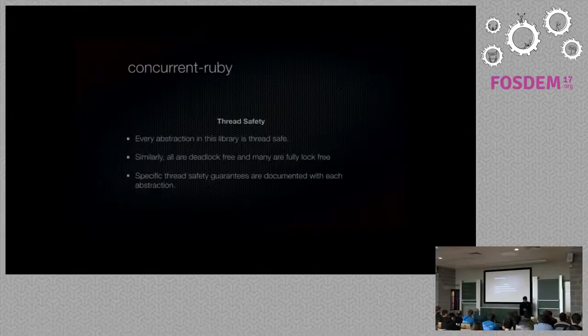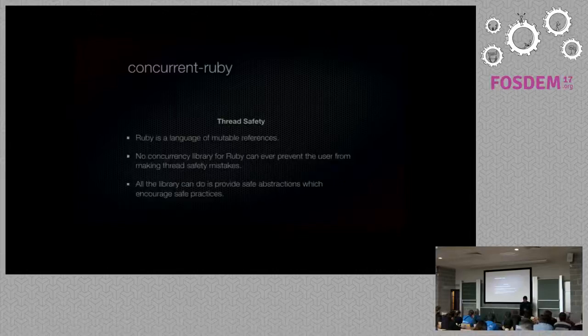Every abstraction in Concurrent Ruby is thread safe. Similarly, all are deadlock free. Many are fully lock free. Specific thread safety guarantees are documented with each abstraction. Ruby is a language of mutable references, so no concurrency library for Ruby can prevent the user from making thread safety mistakes.